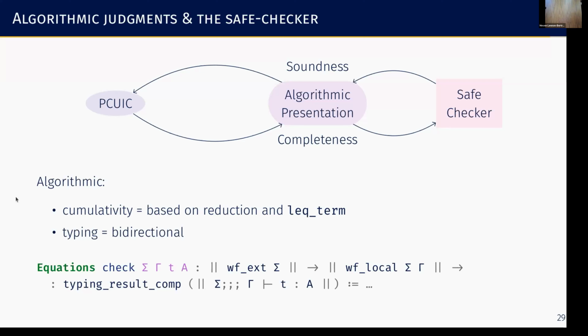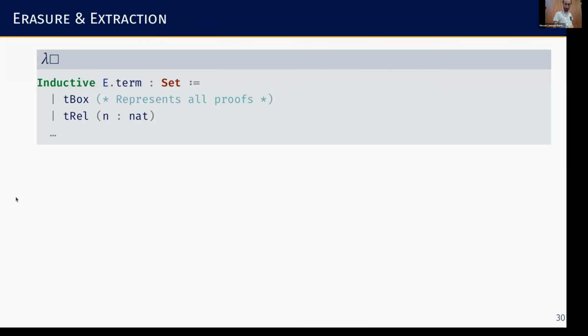But the idea is that you want to extract that thing, and then you get a proper checking function with the actual type that you want, that's going to erase all the well-formedness assumptions and so on, and actually run in a vaguely efficient way. And you can use that thing through the MetaCoq commands, which give you access to this certified checker if you want to use it.